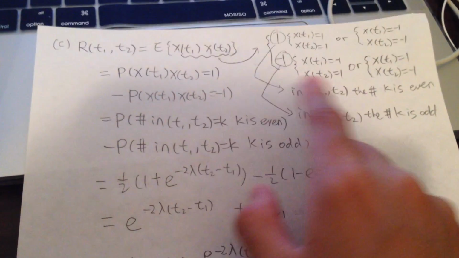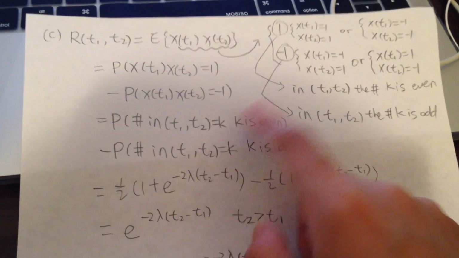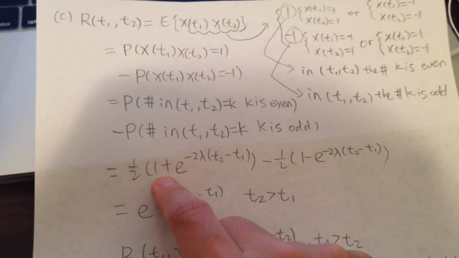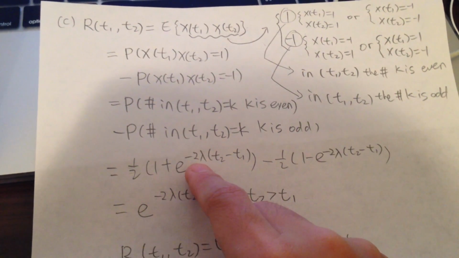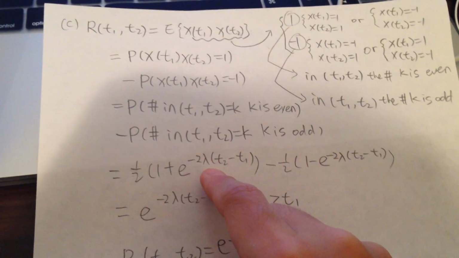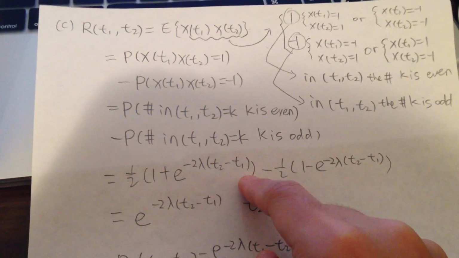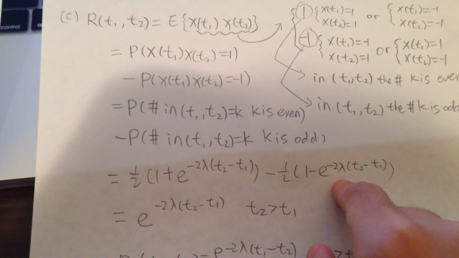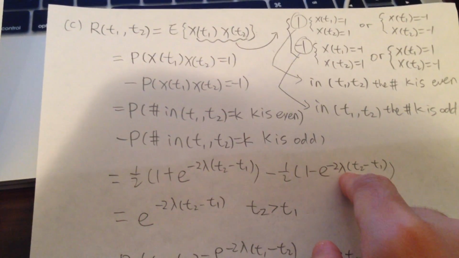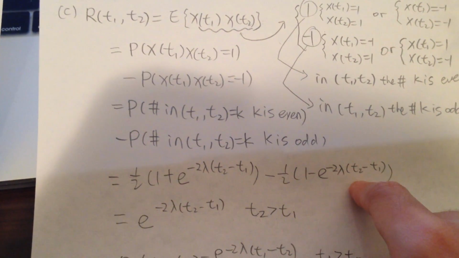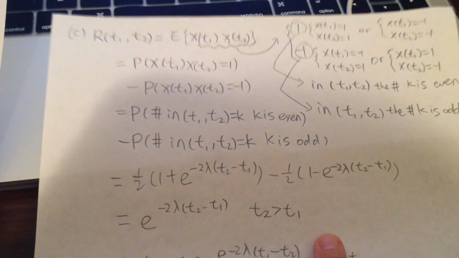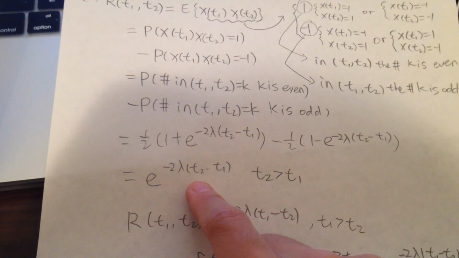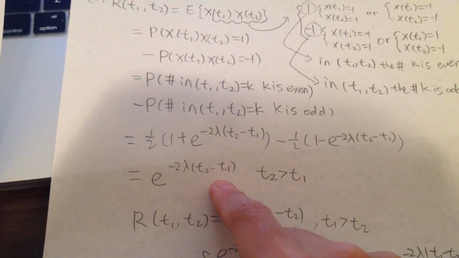Considering these conditions, we get 1/2 times 1 plus e to the power of minus 2 lambda (T2 minus T1), minus 1/2 times 1 minus e to the power of minus 2 lambda (T2 minus T1), and this is e to the power of minus 2 lambda (T2 minus T1).